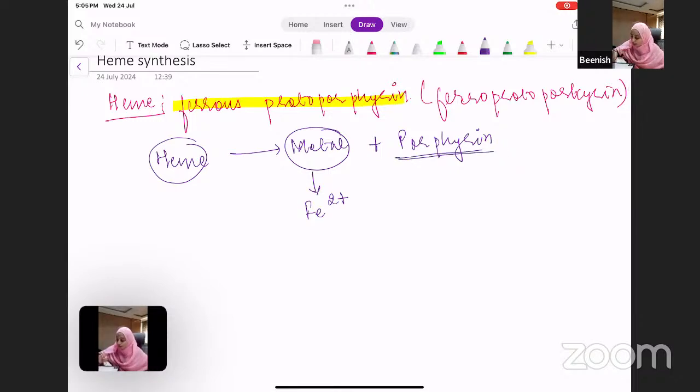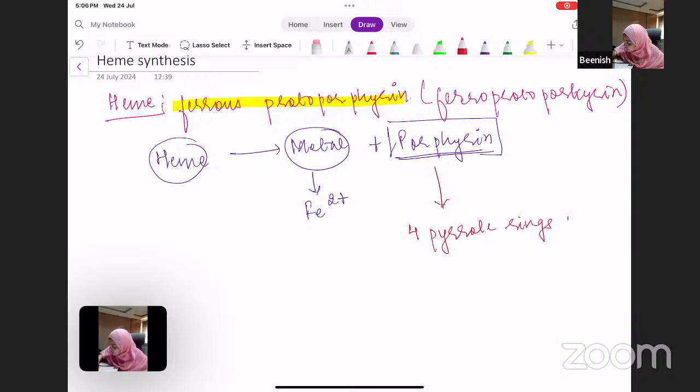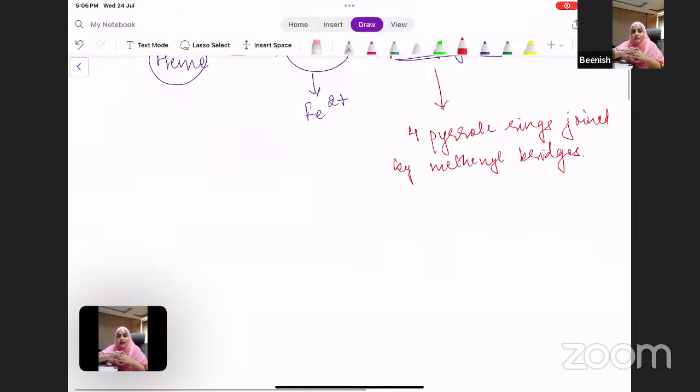Now, what is porphyrin? Porphyrin is 4 pyrrole rings joined by methynyl bridges. So I am saying that heme is composed of a metal part, which is your iron in the Fe2+ state, and porphyrin.